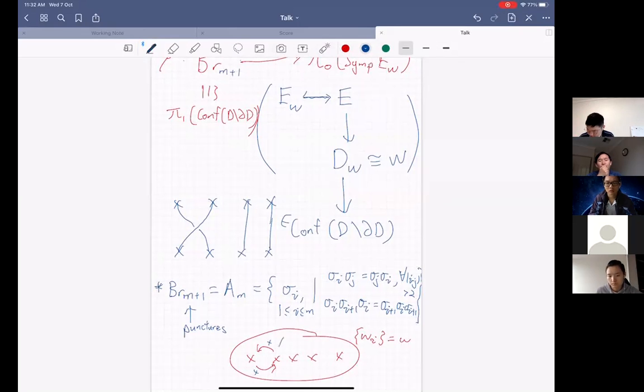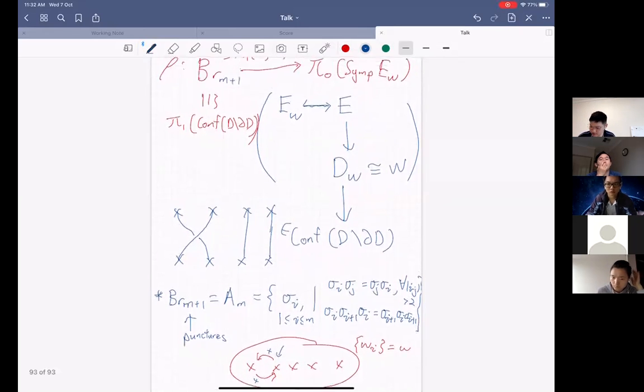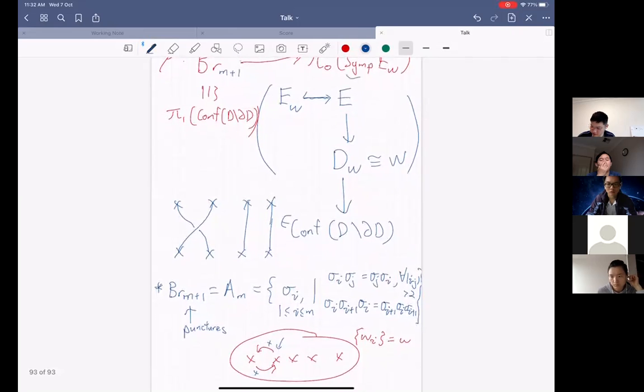After you perform this Dehn twist, you move back to the same set of W. That's why we call it a symplectic automorphism of E_W. This E_W is the fiber over a whole disc.